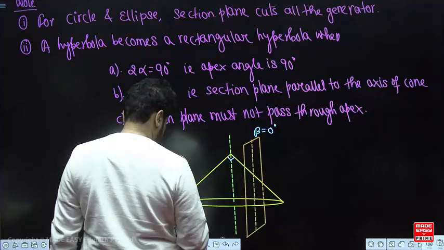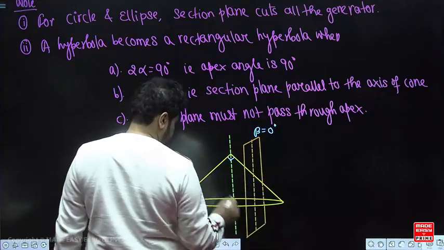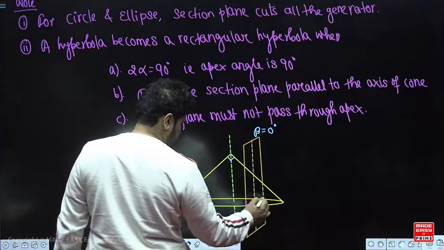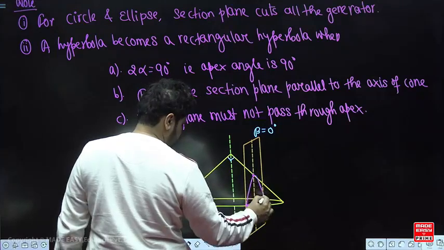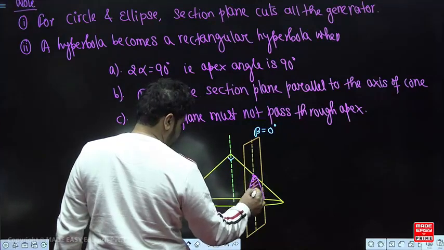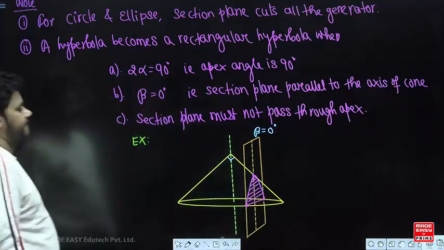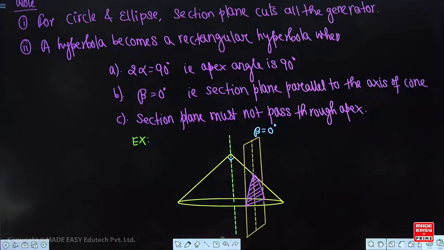Right, so you can see that here, this is one, this is vertically opposite, and this one, this is the rectangular hyperbola. Just check it out, बनाइए इसको.